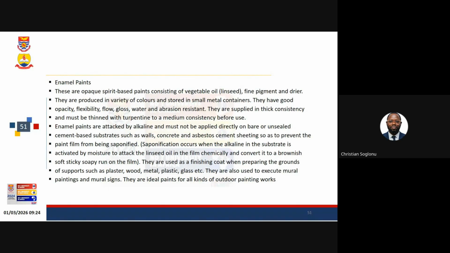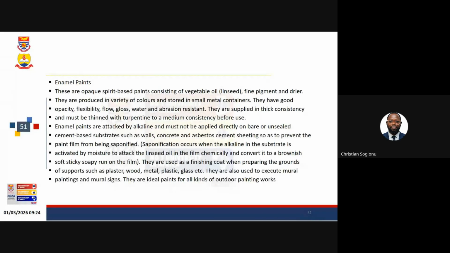Saponification occurs when the alkaline in the substrate is activated by moisture to attack the linseed oil in the film chemically and convert it to a brownish, soft, sticky, soapy run on the surface.